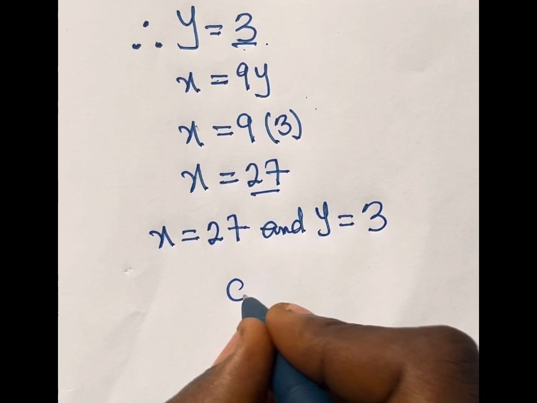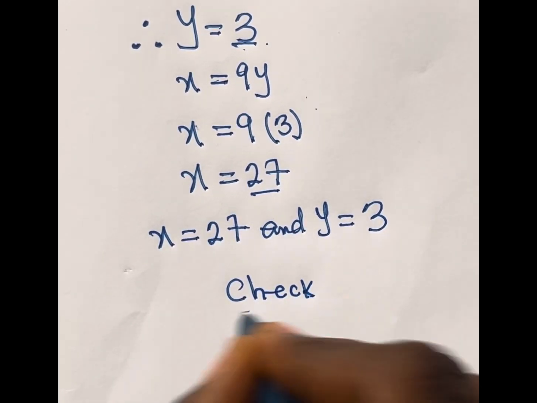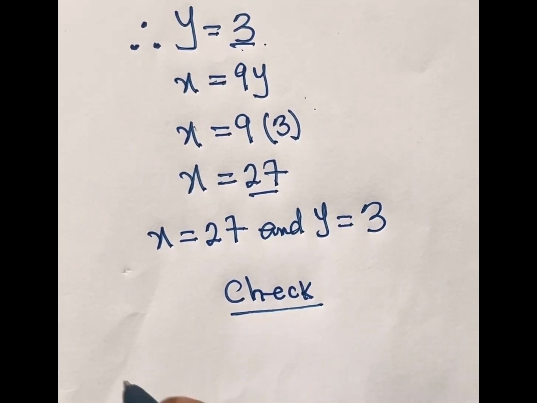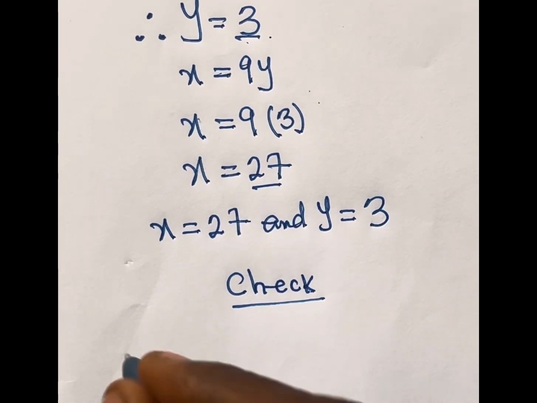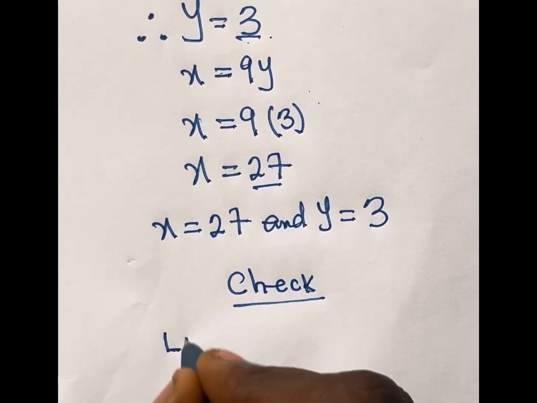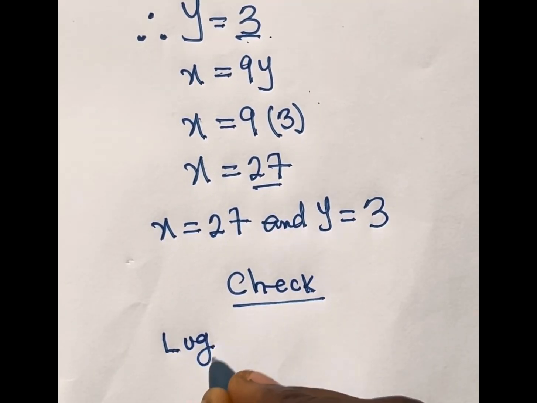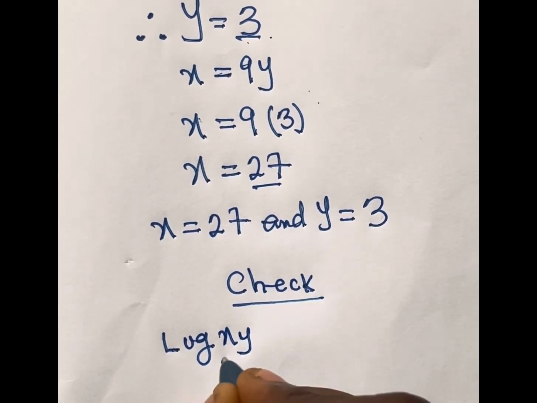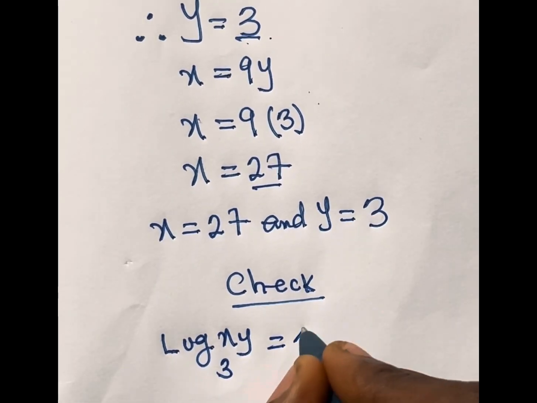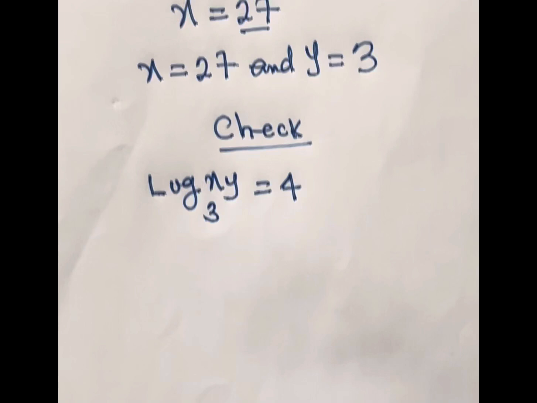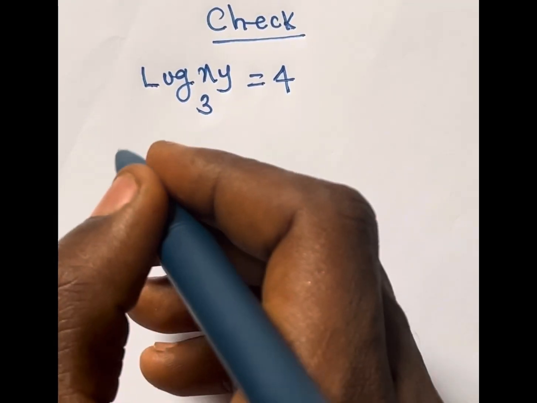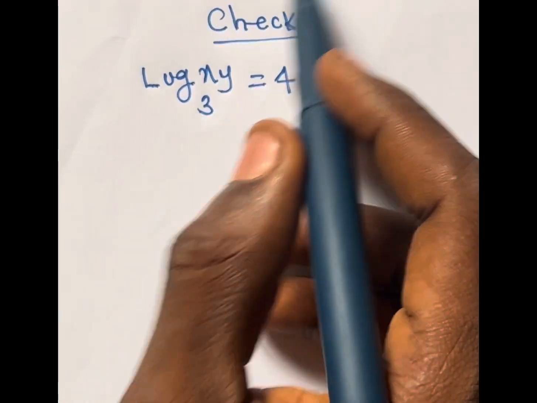Let's check. Let's say we want to check with equation 1. We have log xy in base 3 is equal to 4. Now, let's substitute x and y into this.